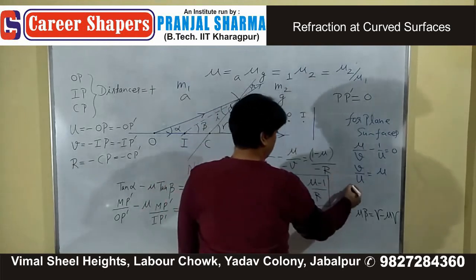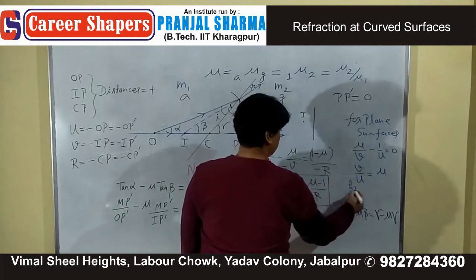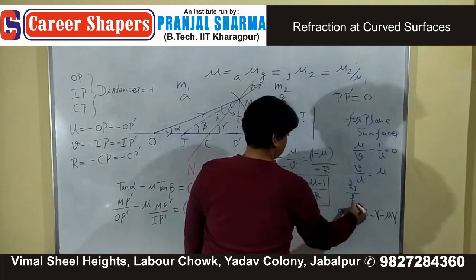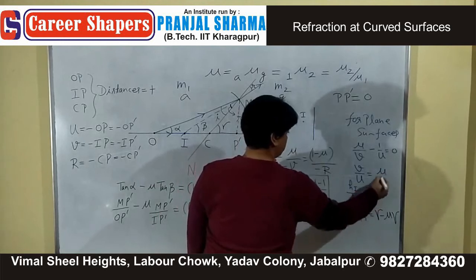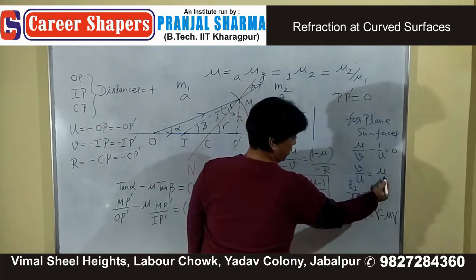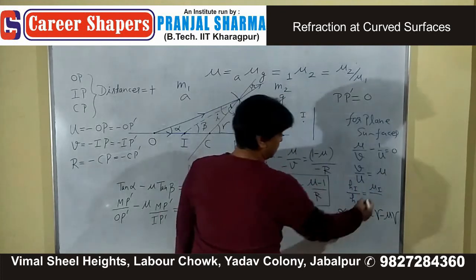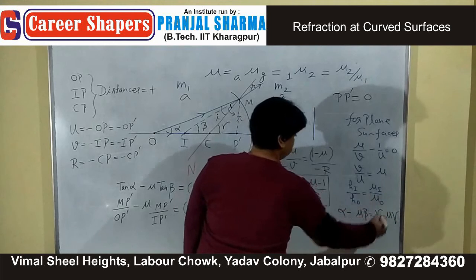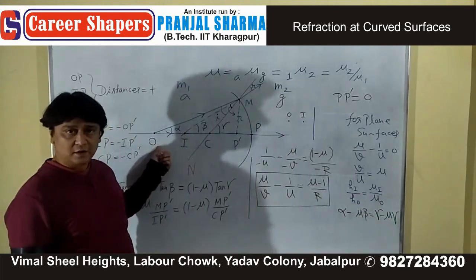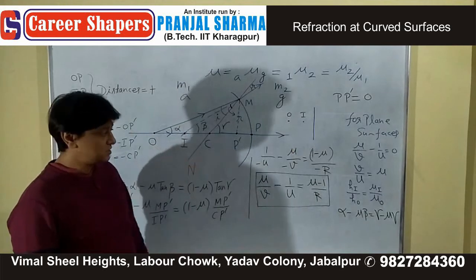V is equivalent to HI, U is HO. Mu I divided by 1 is nothing but object. Object is in air, image is in glass.